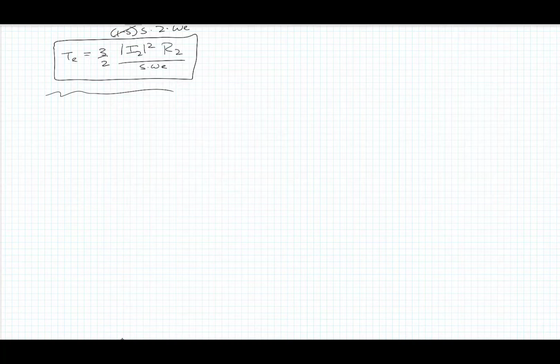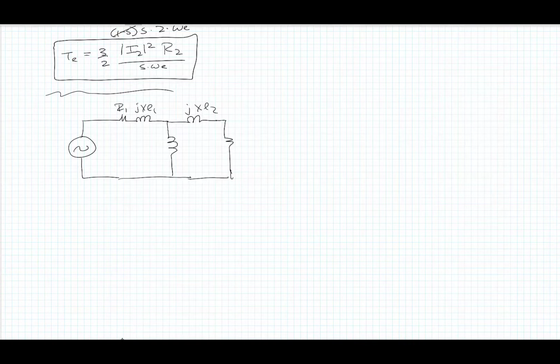We've got the circuit that's probably the easiest to use if we're solving a left to right problem. It's really a lumped parameters per phase equivalent circuit.